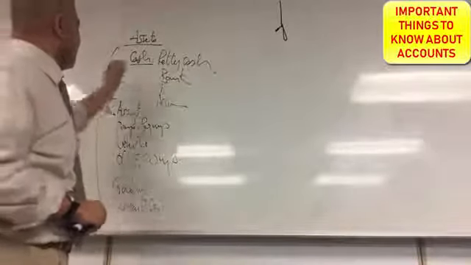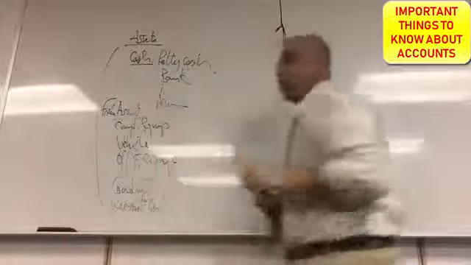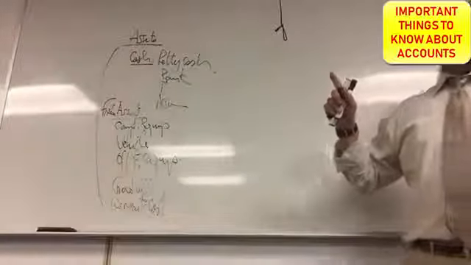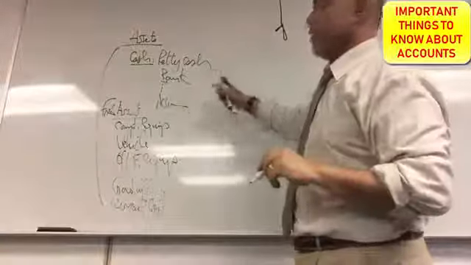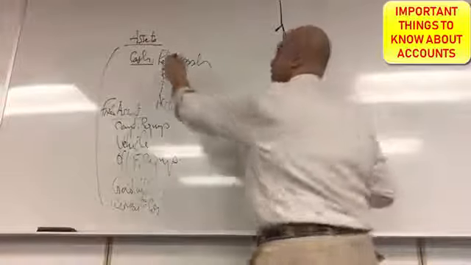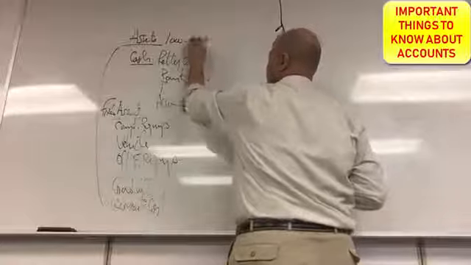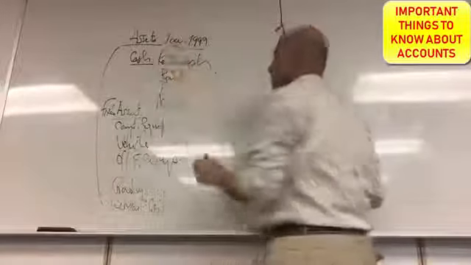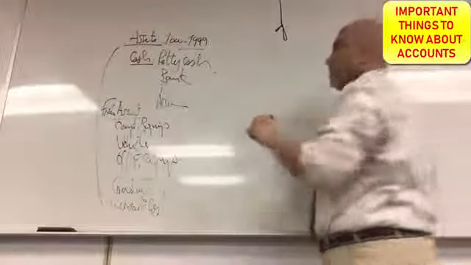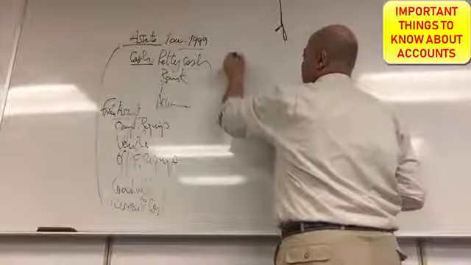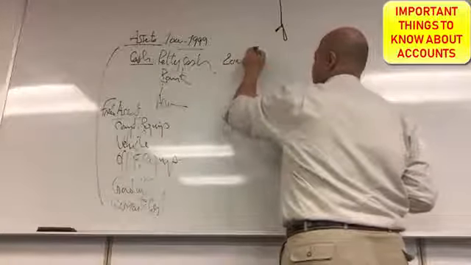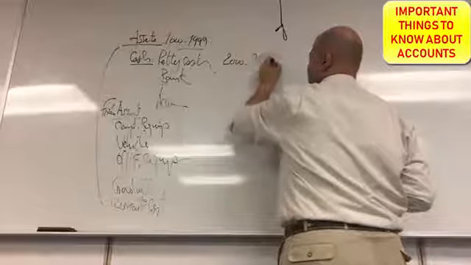Here we should use numbers for asset accounts from 1000 to 1999. For liabilities, for example, from 2000 to 2999.